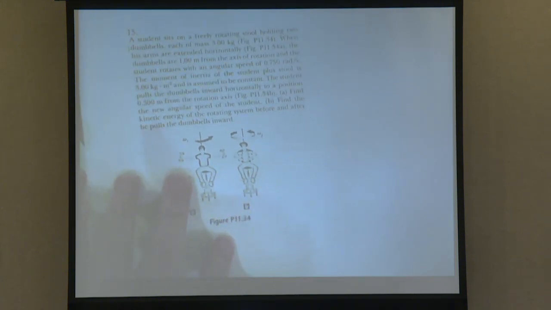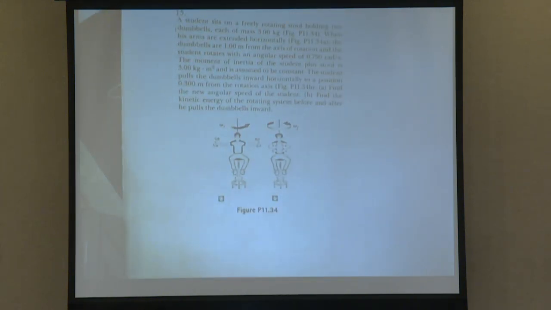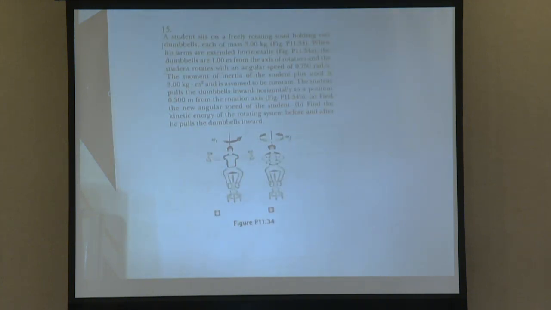All right, so moving on, number 15. Okay, this is a moment of inertia problem. It's saying a student is freely rotating on a stool and he's holding 2 dumbbells, each of 3 kilograms mass, and then he extends his arms so that they are 1 meter from the axis of rotation, and then he rotates with an angular speed of 0.75 radians per second.